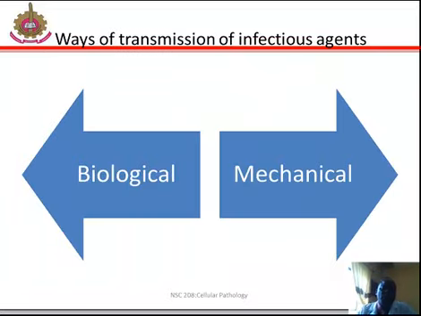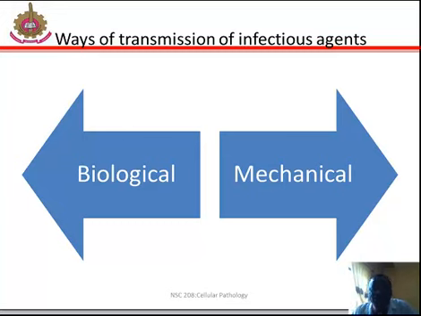We have two different ways of transmission of infectious agents. It could be through biological ways or through mechanical means. Mechanical transmission serves as a vehicle whereby the infectious agent is conveyed from one host to another without undergoing any stage of development or multiplication.